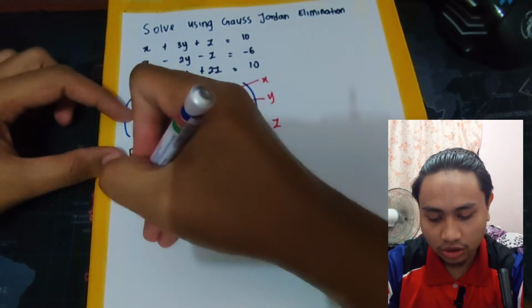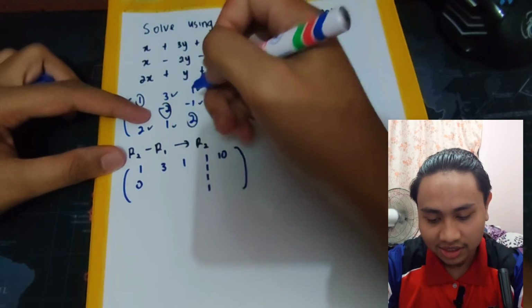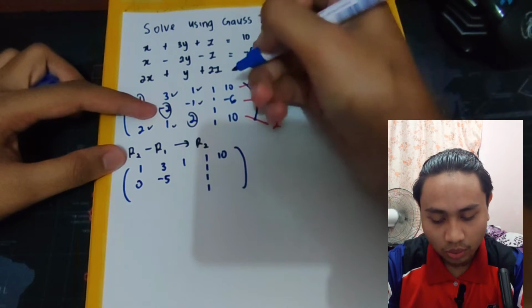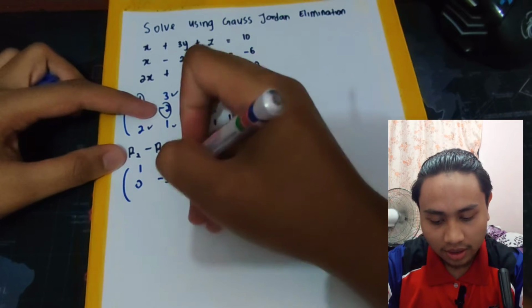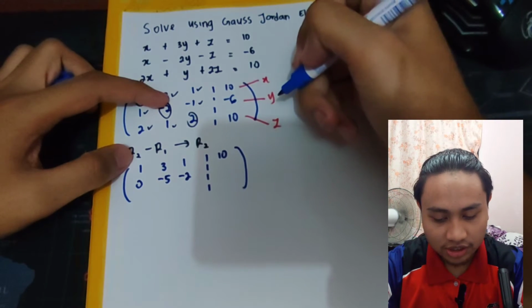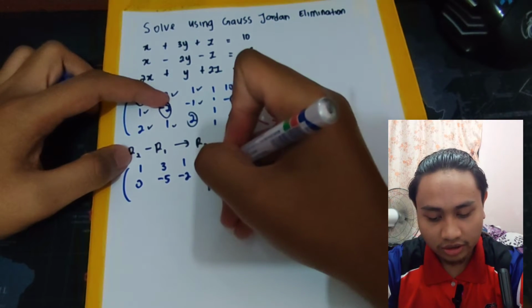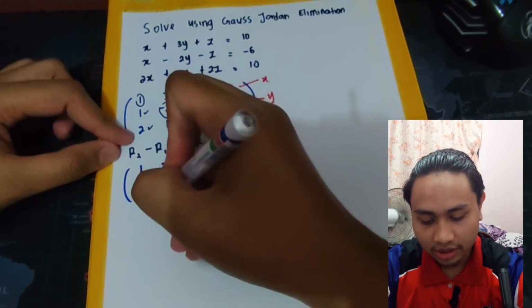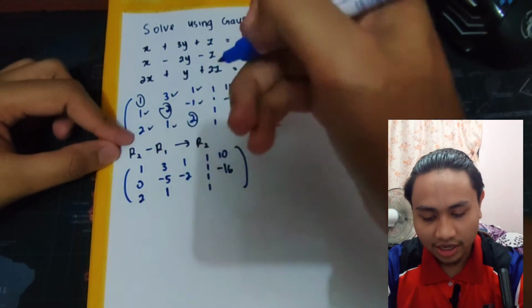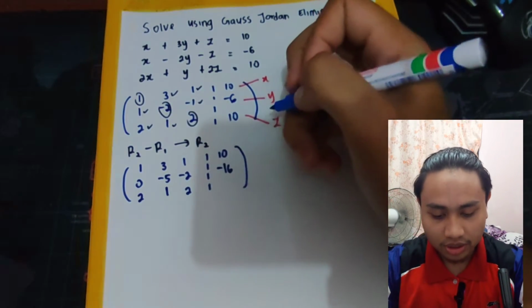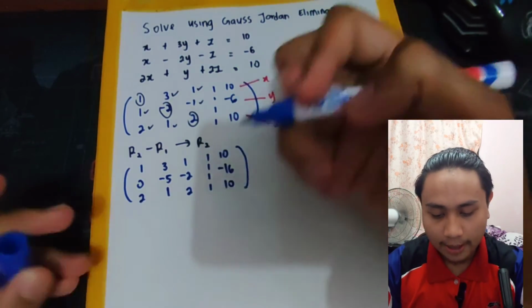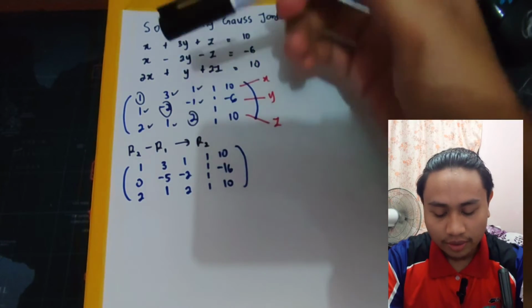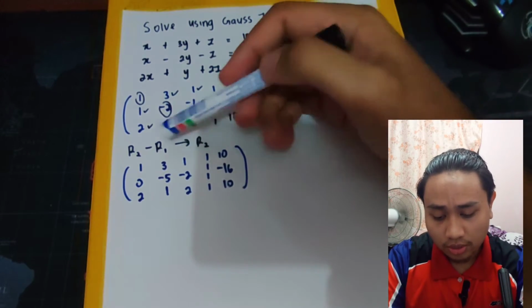So 1 minus 1 is 0, -2 minus 3 is -5, -1 minus 1 will become -2, and -6 minus 10 will become -16. Row 3 we just write again, there's no change because there's no operation.